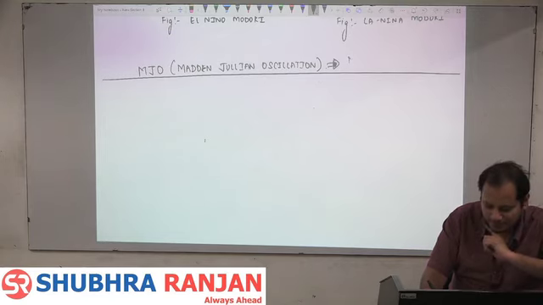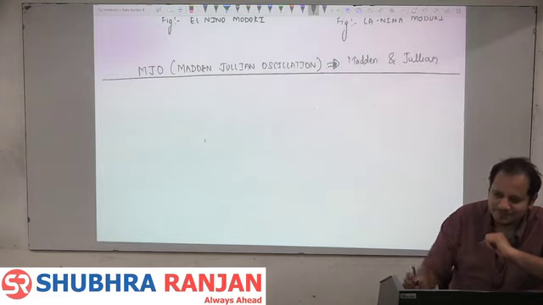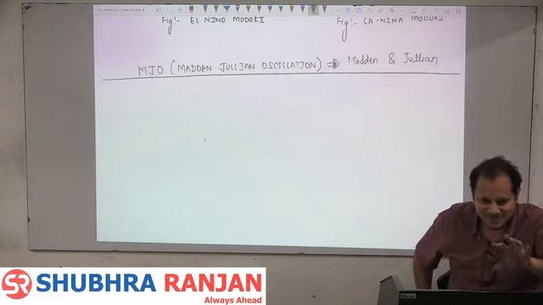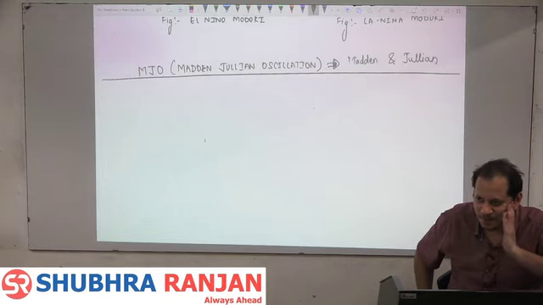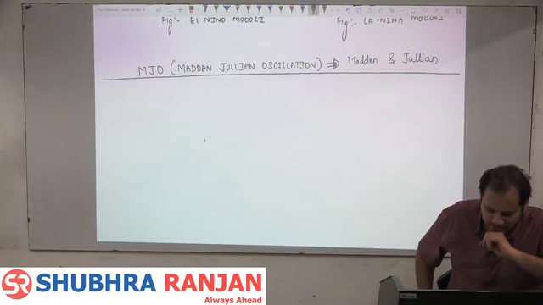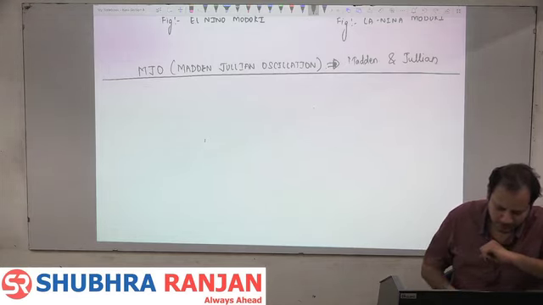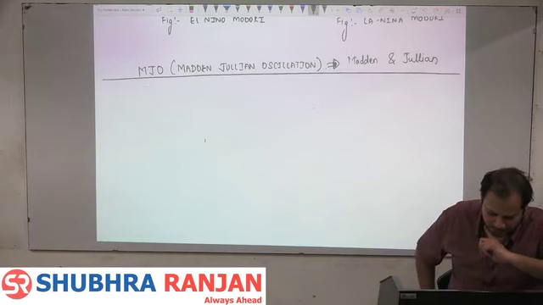Discovered by Madden and Julian. इसलिए Madden-Julian oscillation दो साइंटिस्ट के नाम है. Next. It is an ocean atmosphere coupled phenomenon.